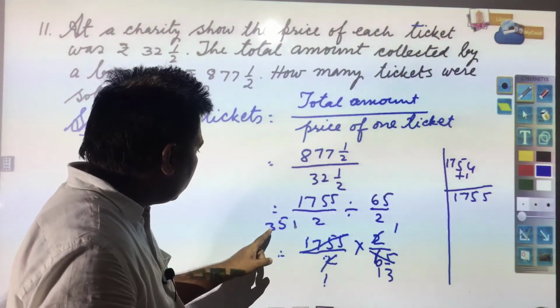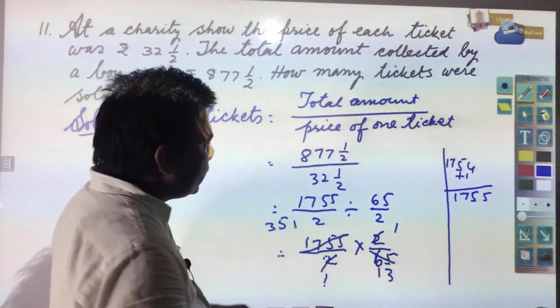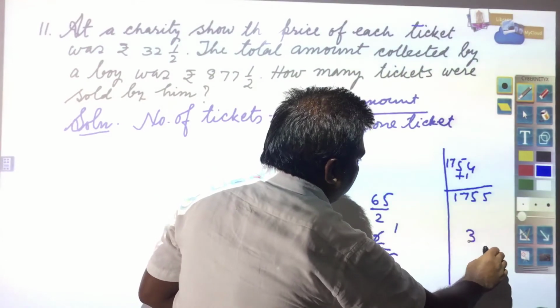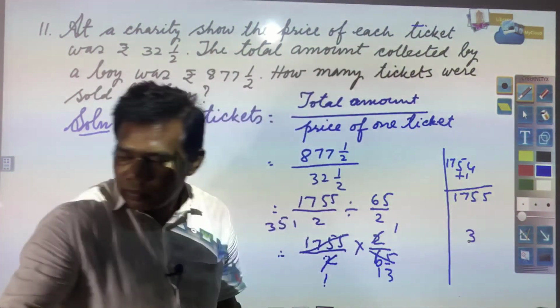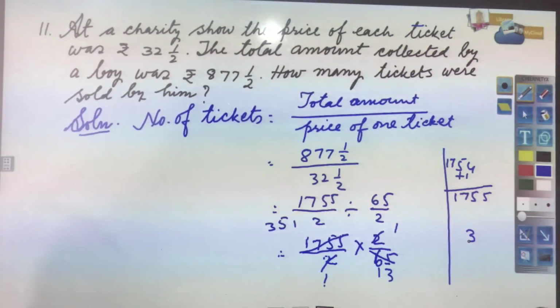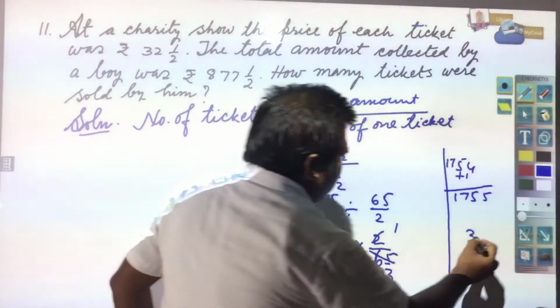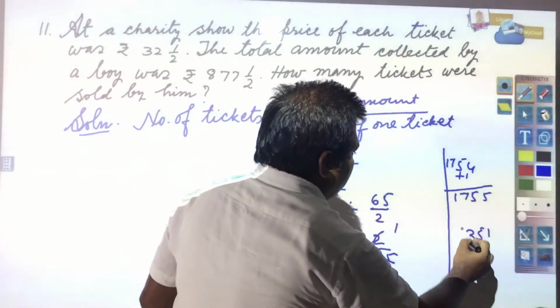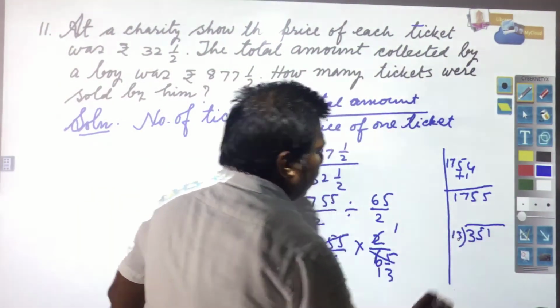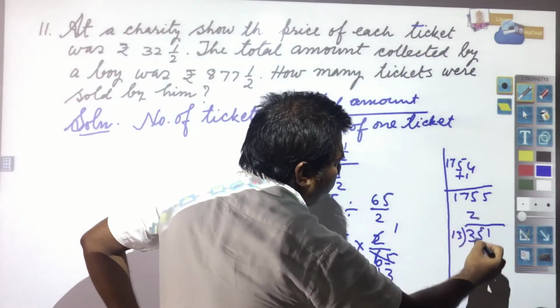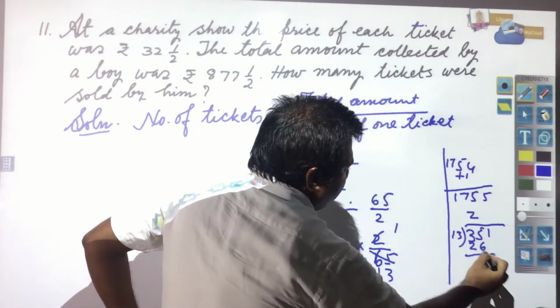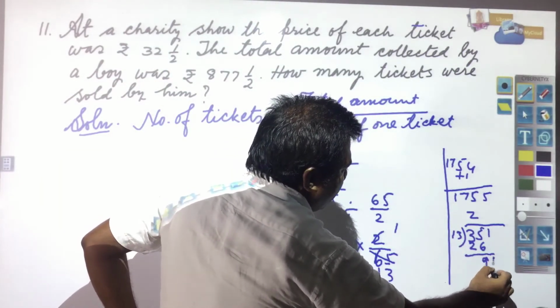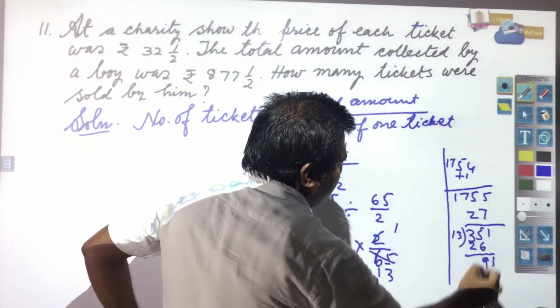So, 13 twos are 26, we try to divide this, 351 divided by 13. 13 twos are 26, 35 minus 26 is equal to 9 and 1, 13 sevens are 91.